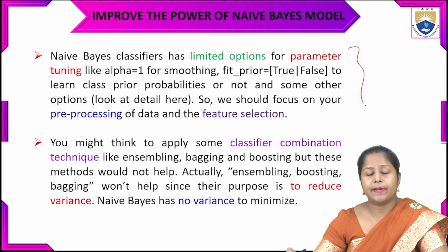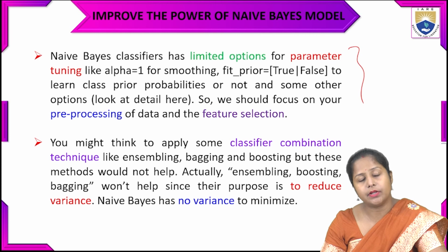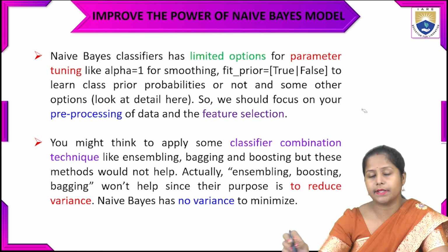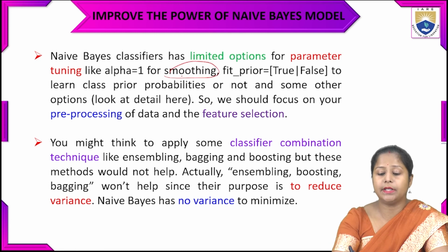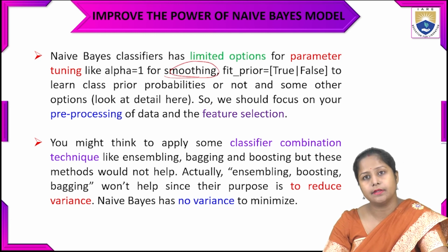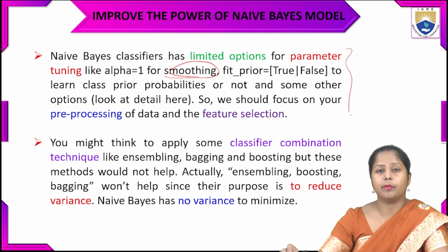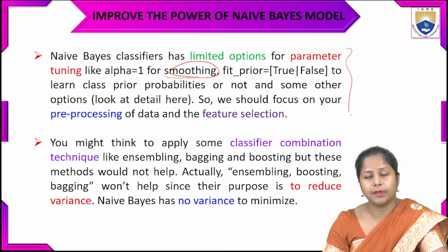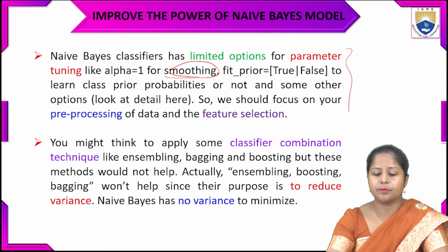Now, the naive Bayes classifier has limited options for parameter tuning. For example, alpha is equal to 1 if we apply a smoothing technique. I am just formally telling about the problems of naive Bayes classification, so I will not go into the smoothing part.